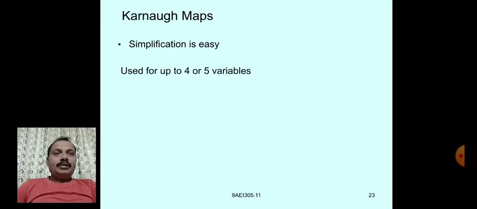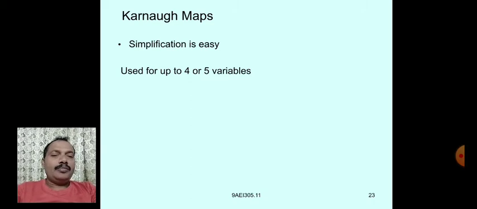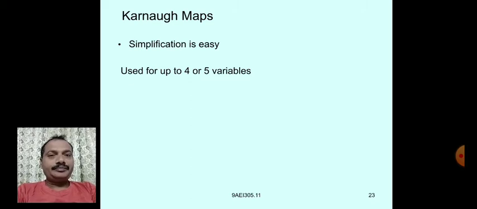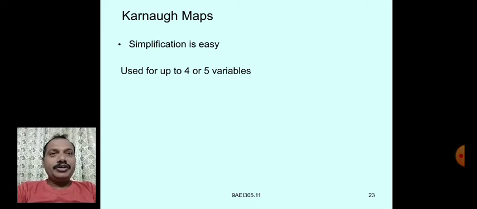By applying Boolean laws also we can simplify expressions, but if the Boolean expression consists of 4 or 5 variables, then it is very hard for us to apply Boolean laws to simplify them. So the K-map method is the easy method and it is a graphical method to simplify Boolean expressions. Within one step we will get the simplified expression. That is the beauty of the K-map method.